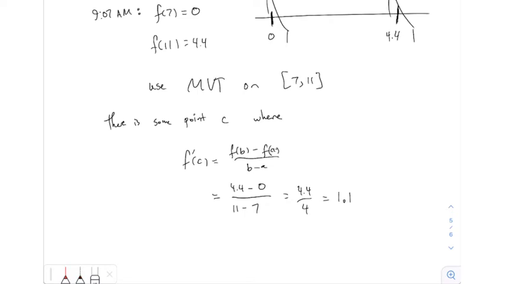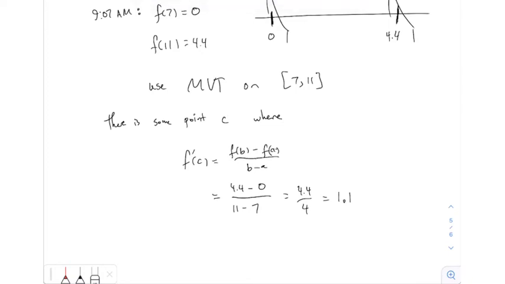Can anyone say, first of all, just in general, what does this mean, f prime of c, in terms of my scenario here about the car driving? Yeah, it's the slope. What does that mean in terms of the car? Yeah, this is the velocity of the car at a certain point, is 1.1. But the units, though, are a little weird.